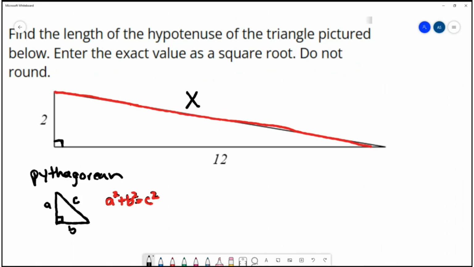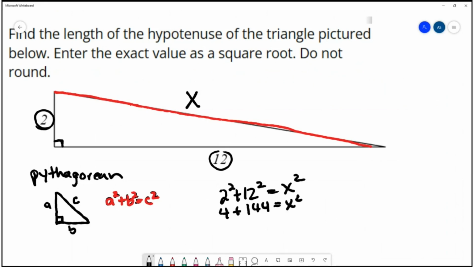We'll label that as x, and 12 and 2 are the legs of our triangle. So we can create the equation 2 squared plus 12 squared equals x squared. 2 squared is 4, 12 squared is 144. 144 plus 4 is 148.